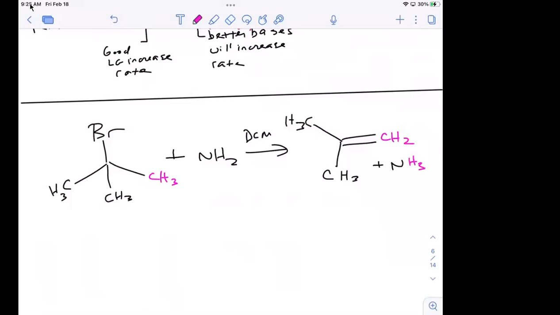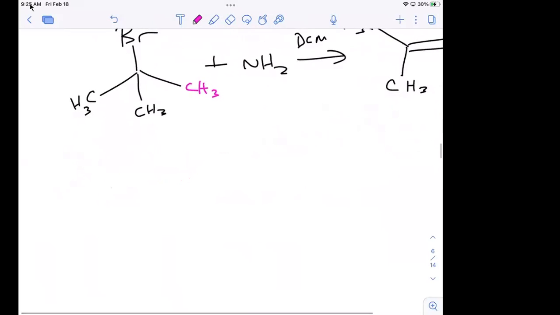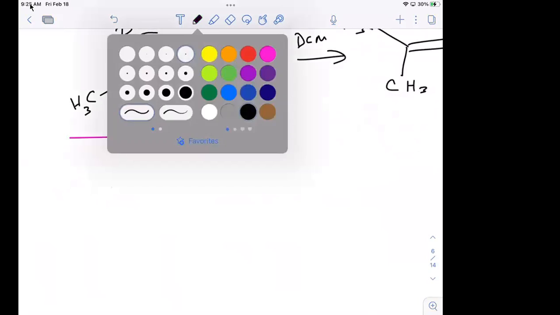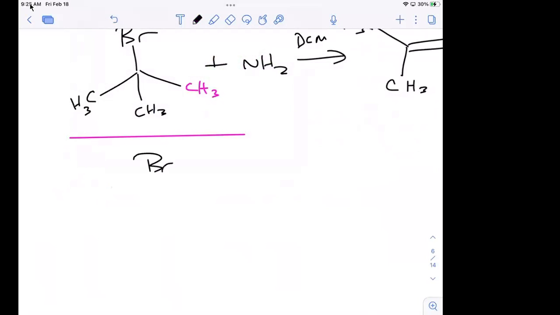All right, and we said that this is concerted, and we said that it's an elimination. And so what happens is, at this point, your deprotonation or proton transfer between the base and the substrate happens here.